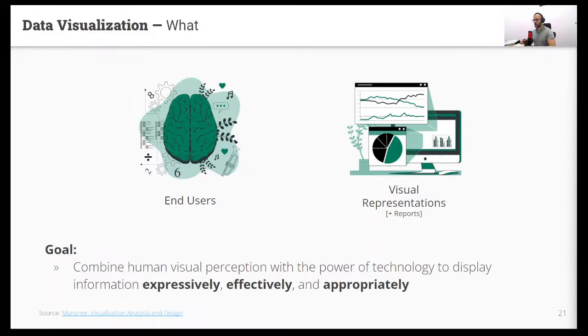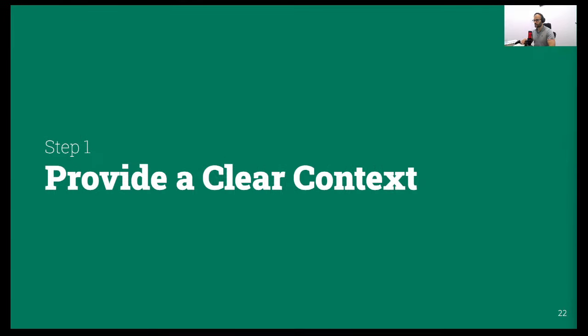But overall, what we want to do with visualization is to combine human visual perception with the power of technology to display the information expressively, effectively, and appropriately. Now, to step one. So, providing a clear context.